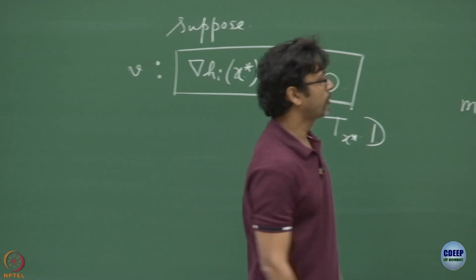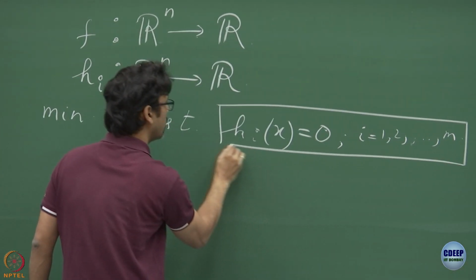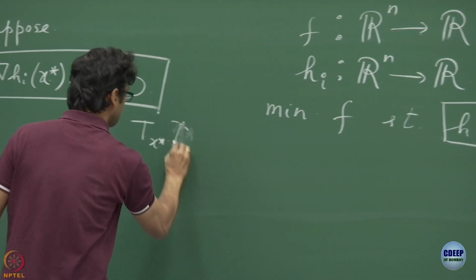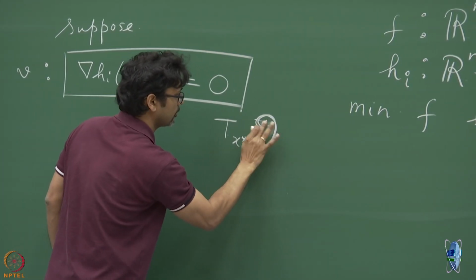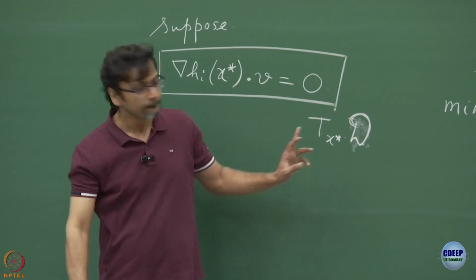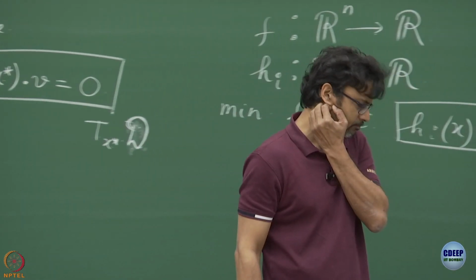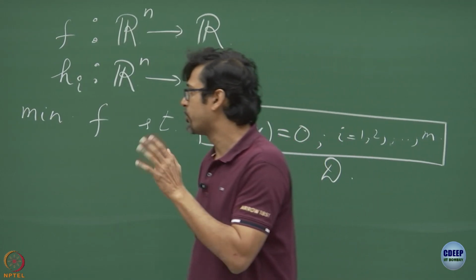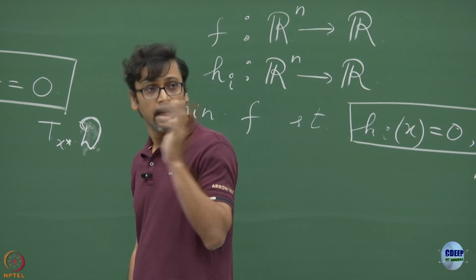Of course, this is what we called our D, perhaps I should use the curly D here. This is our constraint set. So this was the setup. This is just a refresher, just to jog your memory on what we have done so far. Any questions on this so far?